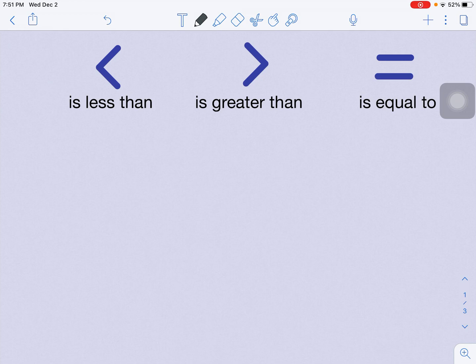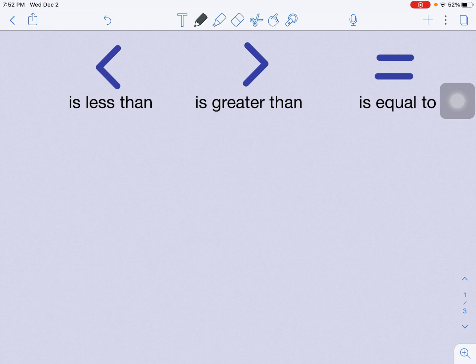Mrs. Hagedorn here, and we are going to be working on Unit 2, Lesson 5, comparing numbers within 200. Today, you are going to be able to compare two numbers using a less than sign, a greater than sign, and an is equal to sign.